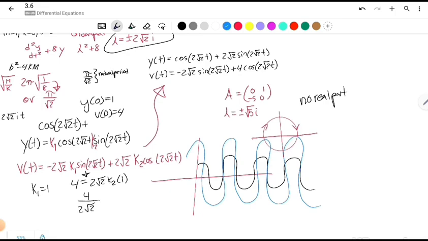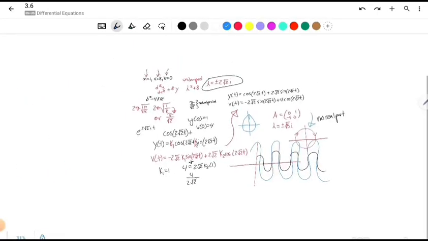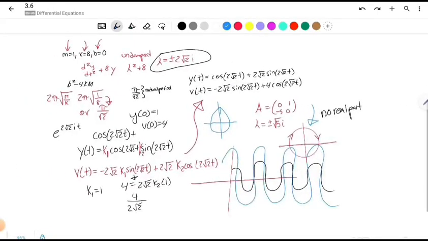Our phase portrait, I know it's like a circle for this one, but in this scenario it's actually more ovular. You could plug the equations into Desmos and probably see that. So this is a quick review on harmonic oscillators and natural period.